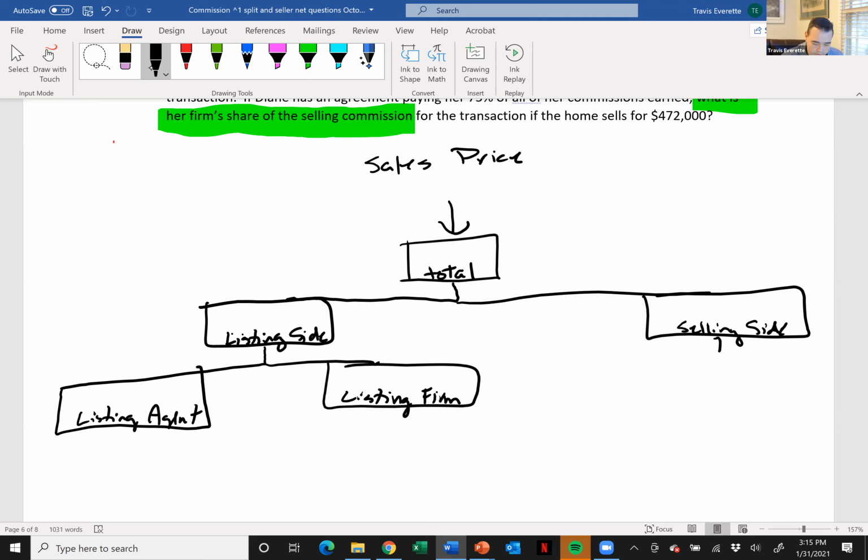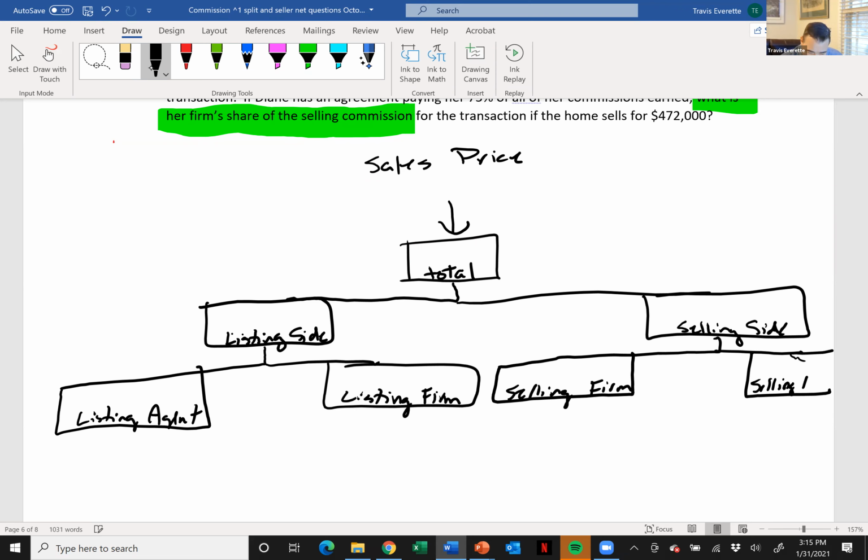And then over here, we're going to do the same side this way. This is going to be the selling firm or selling agent. Doesn't matter which way you do it, as long as you get the firm and the agent. And so here is the selling agent. Okay. Got everybody in there. Everybody's in the pool, ready to go.